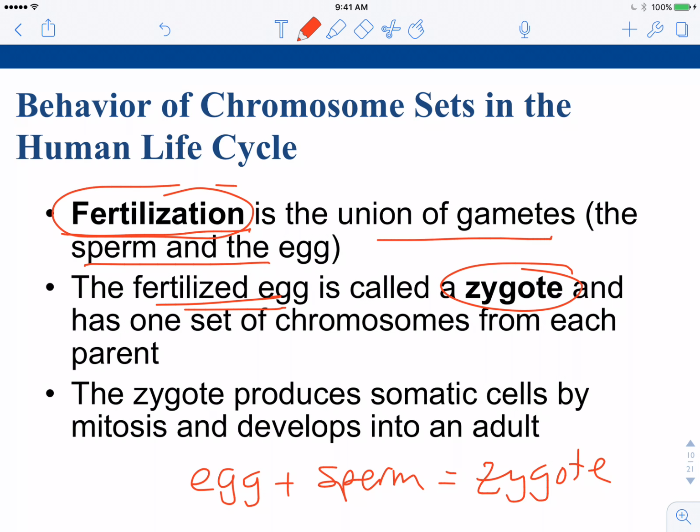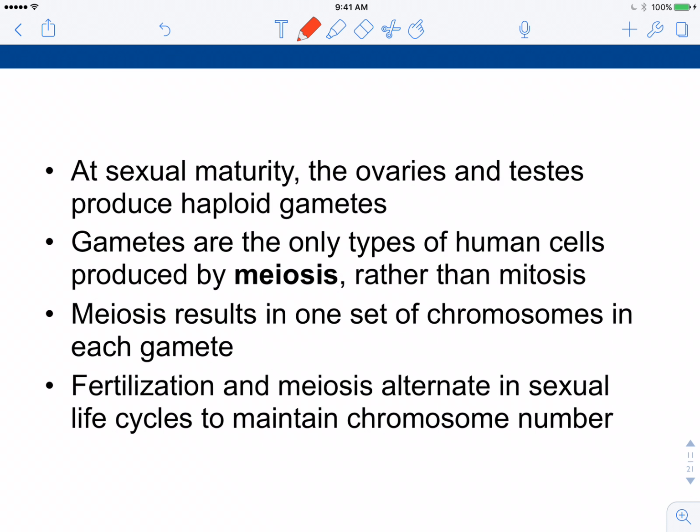So when you put those 2 sets together in a zygote, you have 1 set of chromosomes from each parent. And then the zygote is now diploid, 2n. Egg and sperm are just haploid, n. The zygote is 2n, and then we'll divide via mitosis to produce all of the somatic cells of the adult.